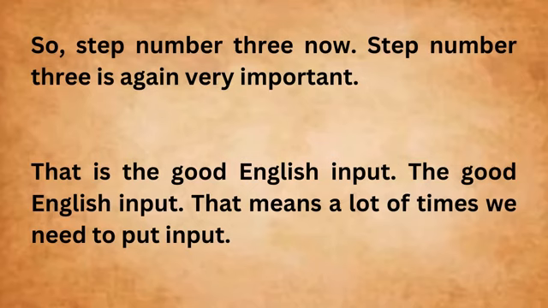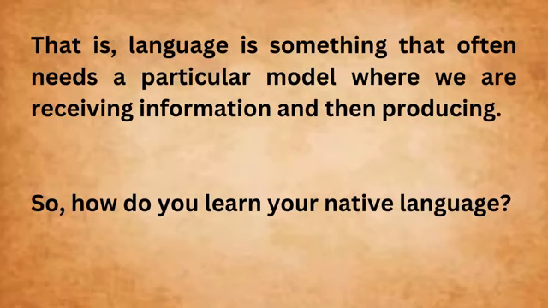So, step number 3 now. Step number 3 is again very important. That is the good English input. The good English input. That means a lot of times we need to put input. Language is something that often needs a particular model where we are receiving information and then producing.